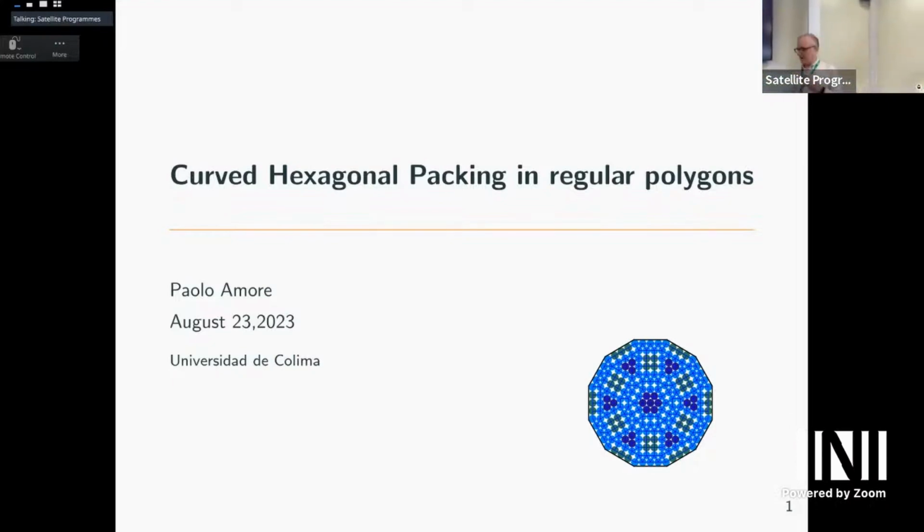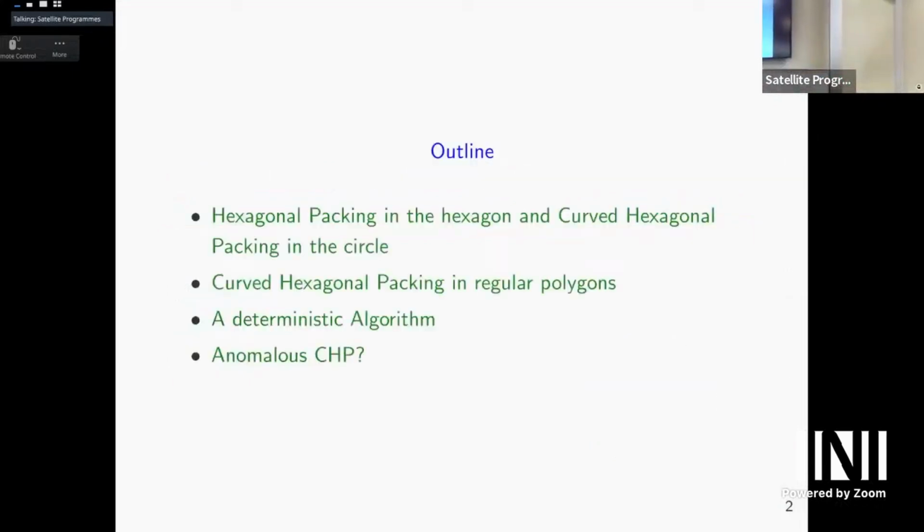What I'm going to talk about is a topic that we investigated in the past few months. The outline of the talk will first cover hexagonal packing in the hexagon and curved hexagonal packing in the circle, which are known topics. Then I will move to curved hexagonal packing in regular polygons.